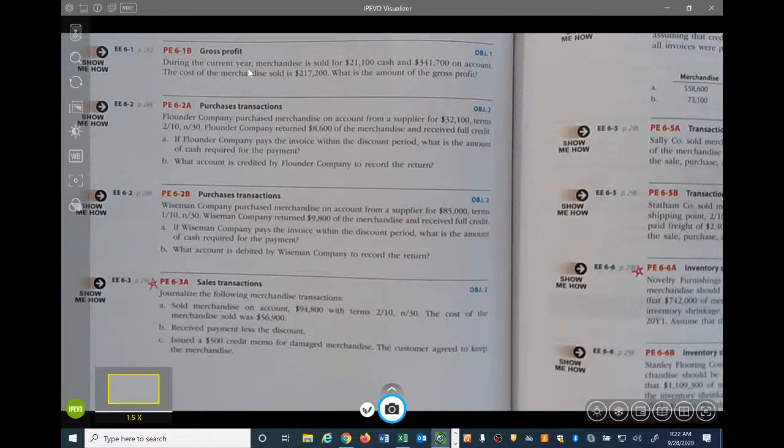What page is it? Which one? So the merchandise inventory account for 6,000, so we'll do debit first and then credit.